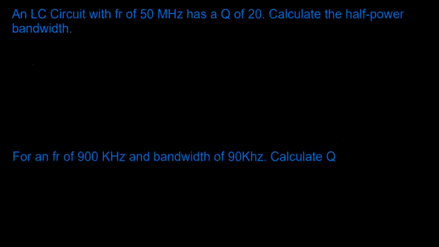Okay, so next example natin, an LC circuit with the resonant frequency of 50 megahertz has a Q of 20. Calculate half power bandwidth. Okay, so ang gagamitin nating formula, tinatanong is yung bandwidth. So bandwidth natin, FR over yung ating Q. Okay, ang FR natin is 50 megahertz.